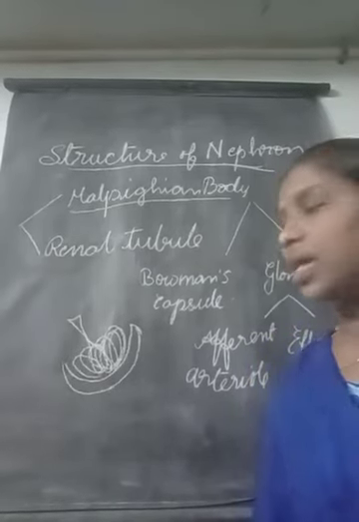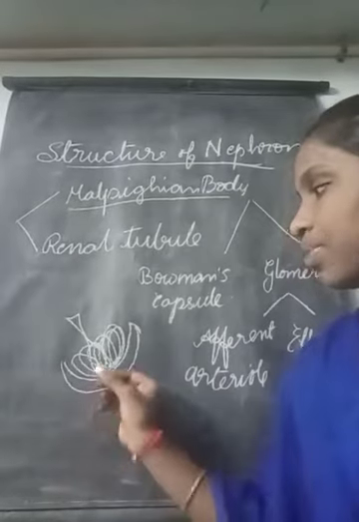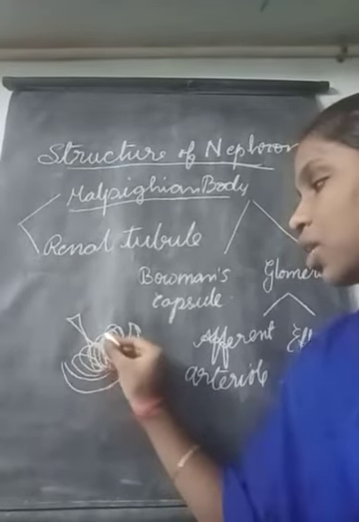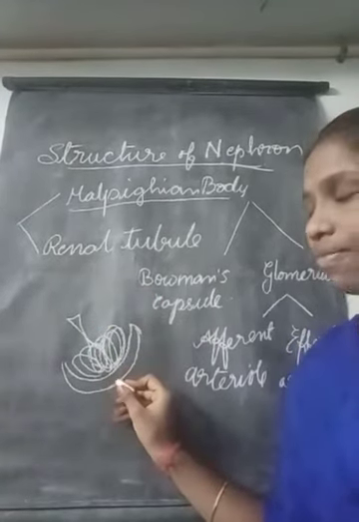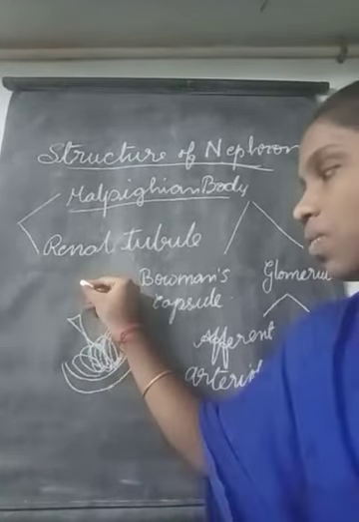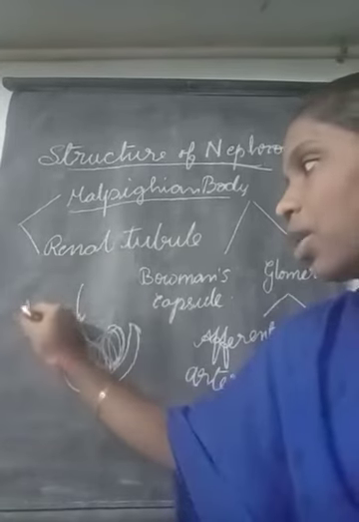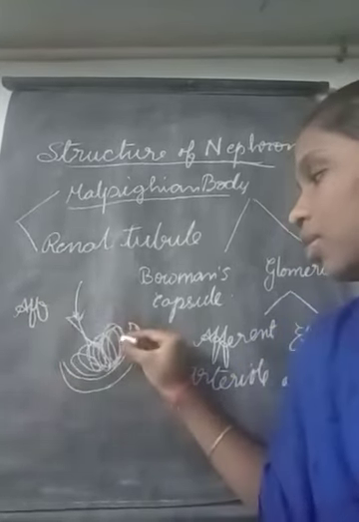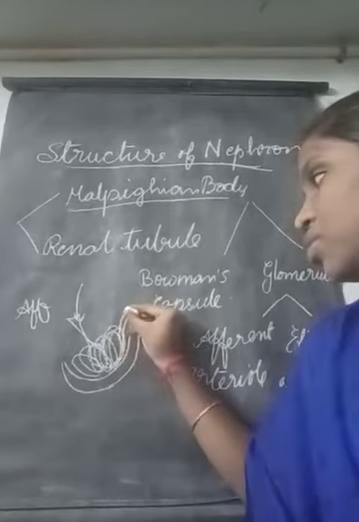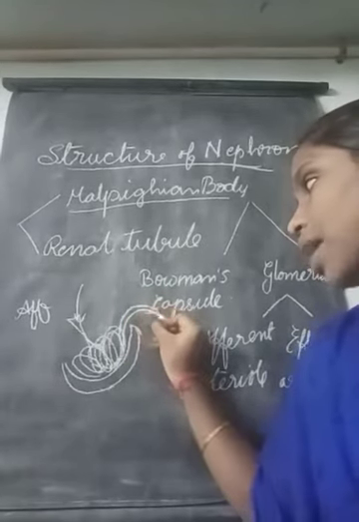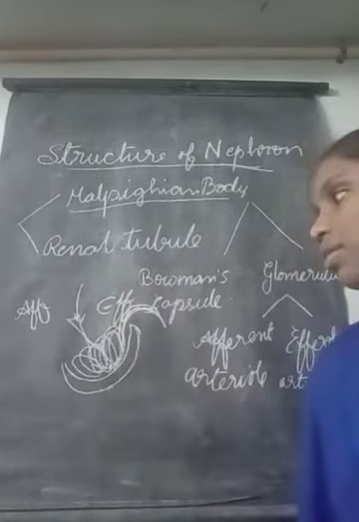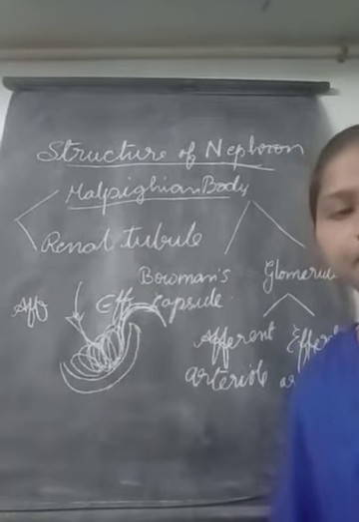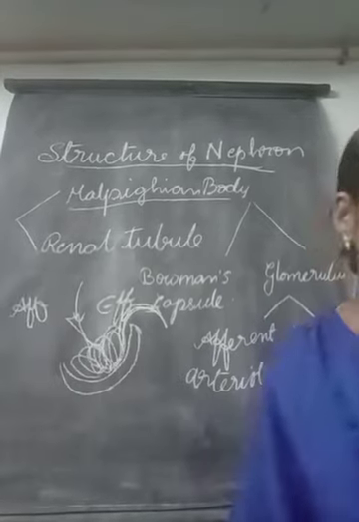To form this glomerulus, the renal artery must enter into each and every nephron. The entering part is called the afferent arteriole, and the blood vessel leaving from the Bowman's capsule is called the efferent arteriole. Is it clear? Did you understand till here?